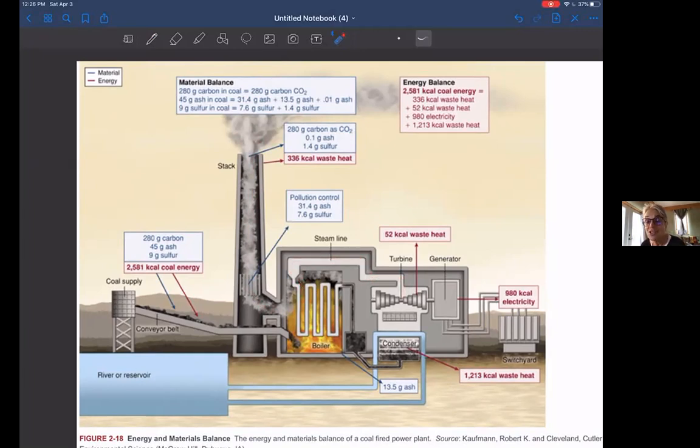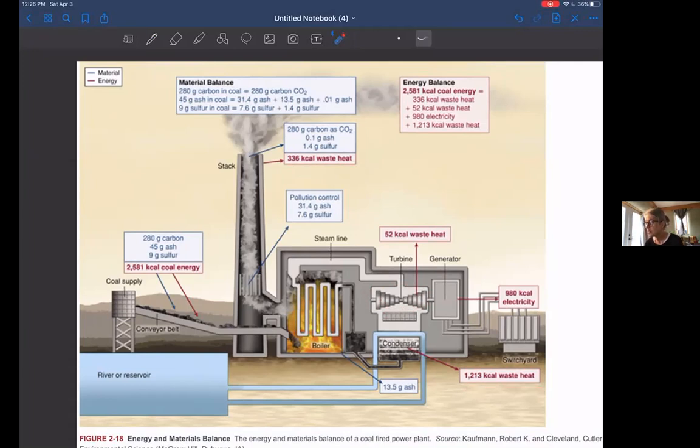So we're turning that into mechanical energy, and the turbine actually then turns, and as it does, it produces electrical energy. So you'll notice that at each level here, we are losing energy. So we lose energy here as heat. We lose energy here as heat. We lose energy when we condense the water as heat.